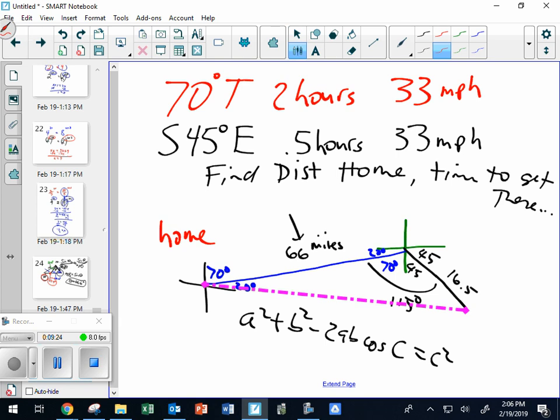And I know a, it's 66. Could have been 16 and been just fine. 66 squared plus 16.5 squared minus 2 times 66 times 16.5, and then cosine of 115.